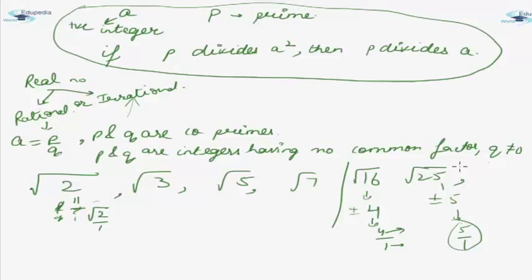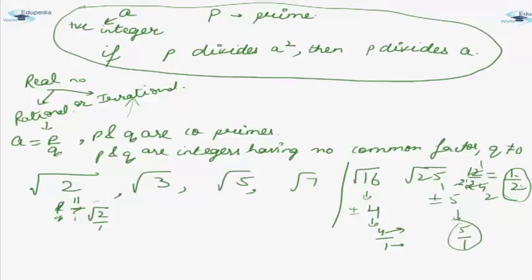We can also have numbers like 12 by 24. Clearly their common factor is 12, but it can also be expressed as 1 by 2. Now here we don't have any common factor between numerator and denominator, and numerator and denominator are integers.